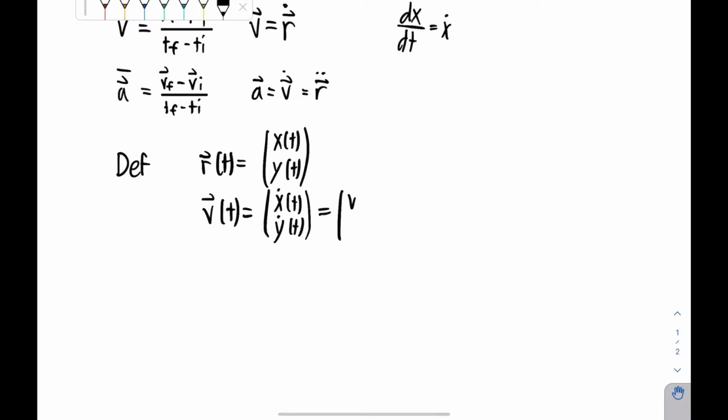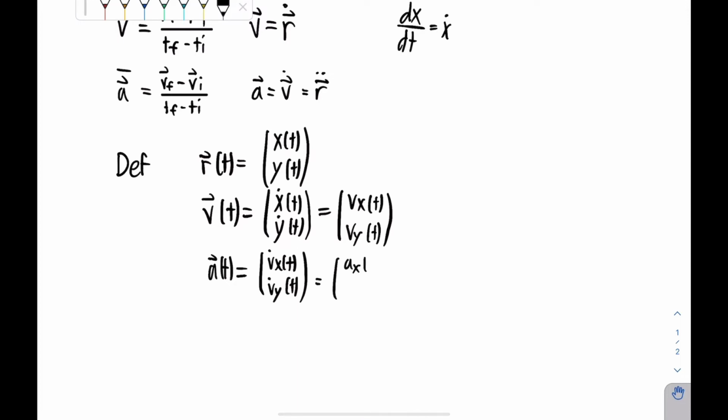This will be equal to v sub x of t, v sub y of t. Finally, for acceleration, we will get the following relationship that we have the derivative of vx of t and the derivative of vy of t, which is equal to a sub x of t, a sub y of t.